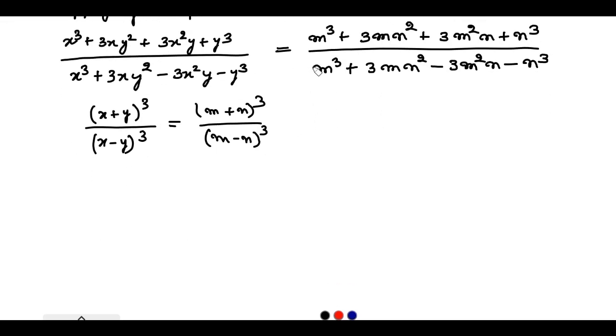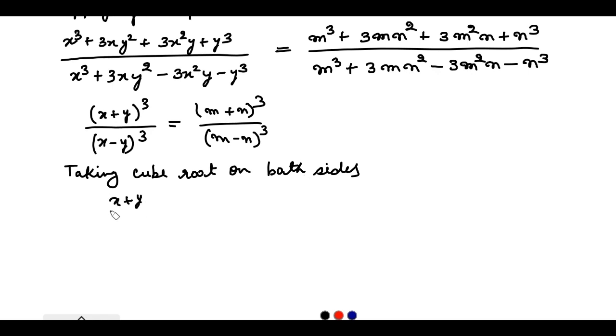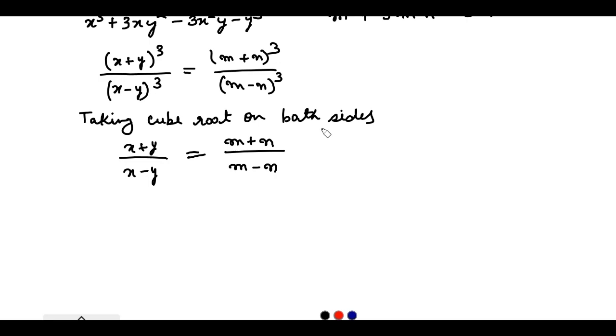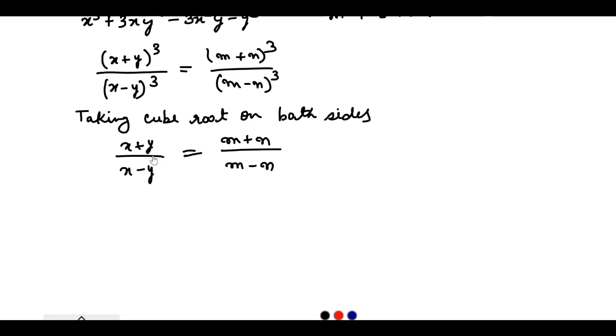Now taking the cube root on both sides, we will get x plus y upon x minus y is equal to m plus n divided by m minus n. Now again we are applying componendo dividendo.